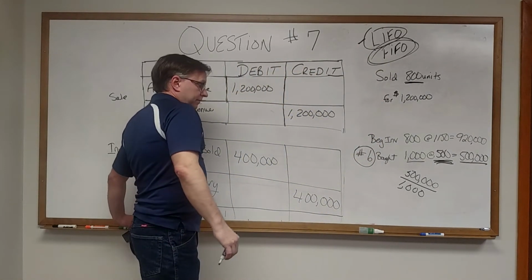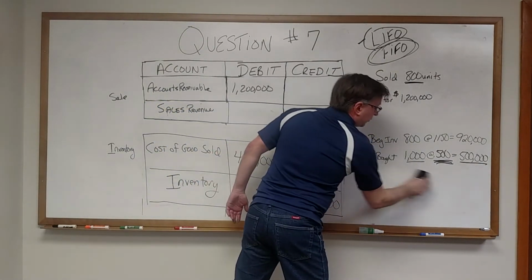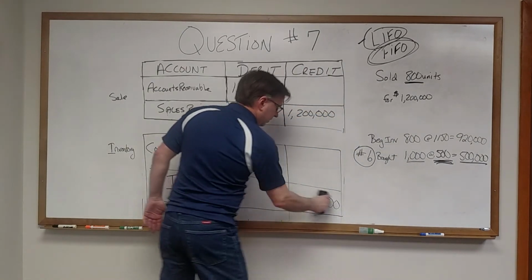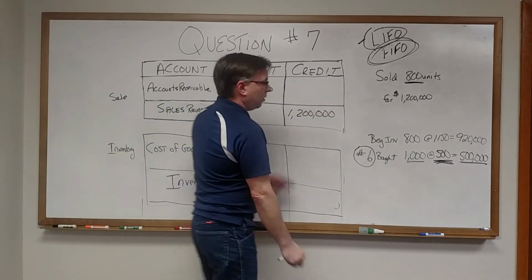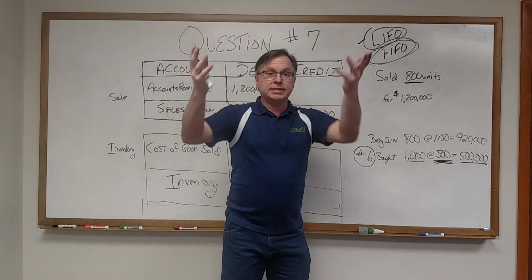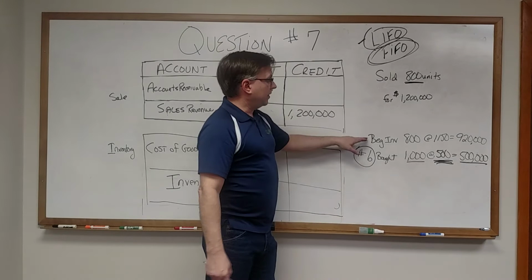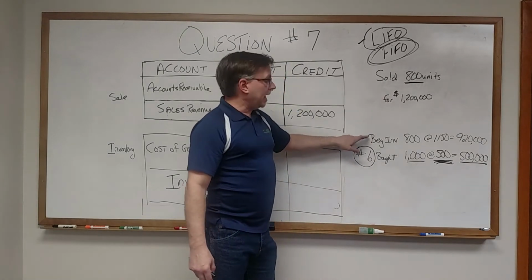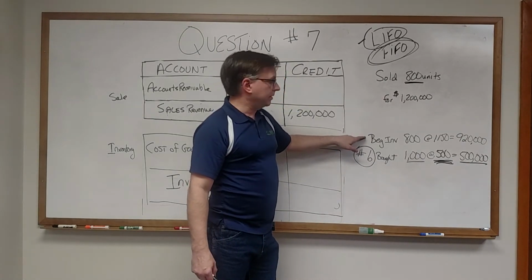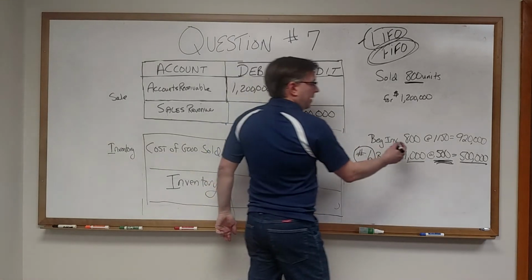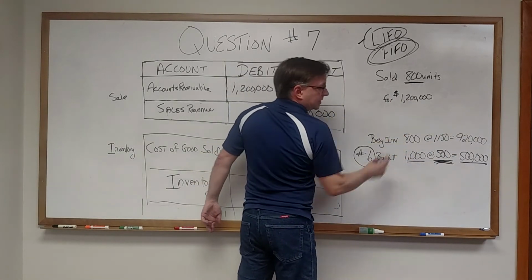But it could be the FIFO method. The FIFO method, if you'll recall, is first in, first out. That means all the old stuff is the first stuff we sell. The newer stuff is still in inventory. So that means those 800 units came out of that beginning inventory. So that beginning inventory, 800 units, that's pretty easy.